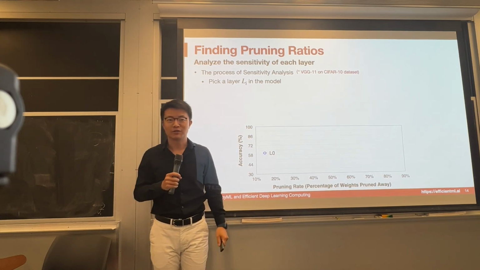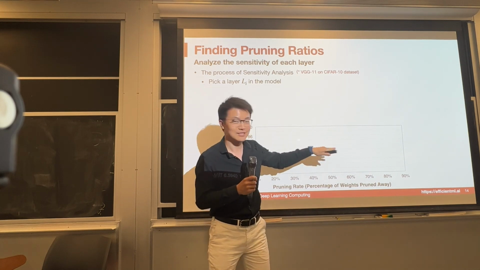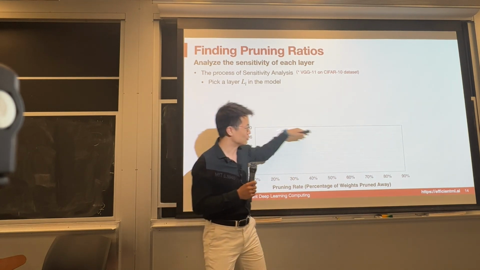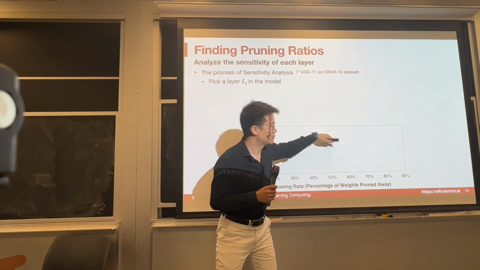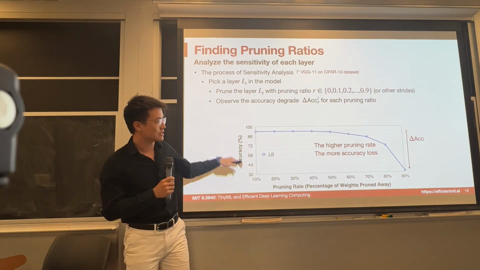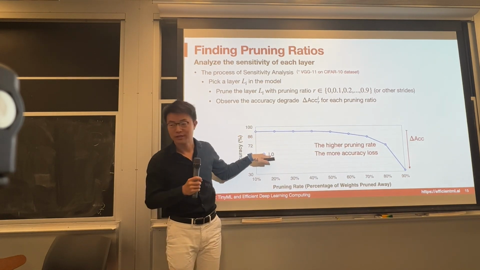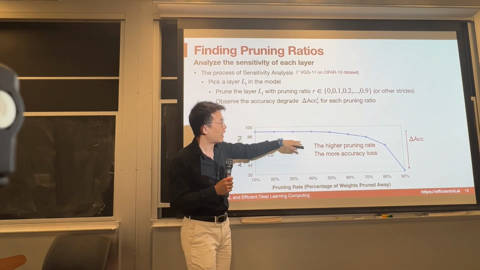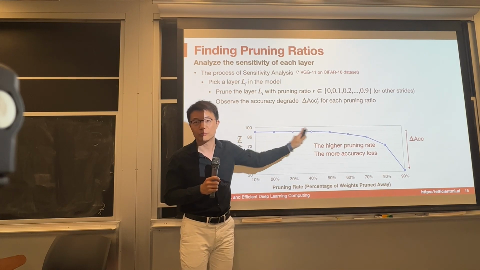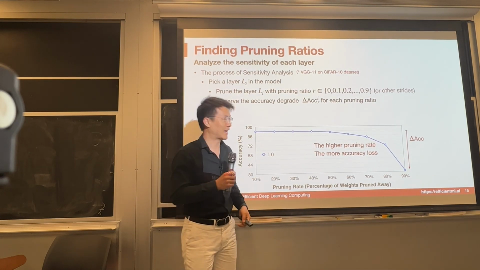So you can imagine how the chart should look. Does it look like this? It should decrease, right? The more we prune, the less accurate we get. Okay, so this is exactly the case. Starting from layer 0, the higher the pruning rate, the more accuracy loss, just like what we did in the demo at the end of last lecture.